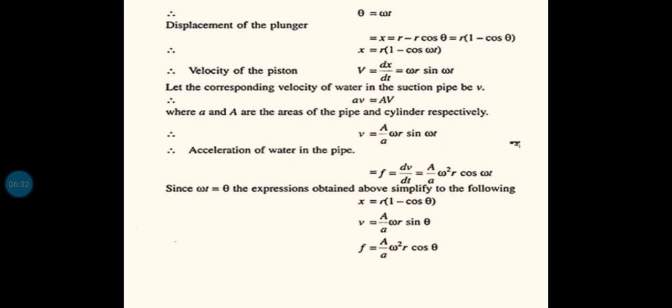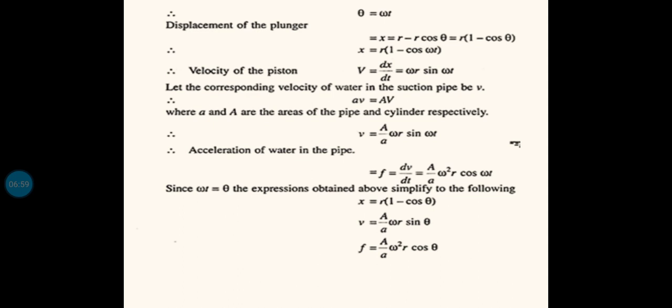Now we want to find the acceleration. We have just found out the velocity of the piston. Here we have two systems: one is the cylinder piston arrangement and the other one is the suction or delivery pipe. The total discharge will remain constant, so area into velocity at one system will be equal to area into velocity at the other side.